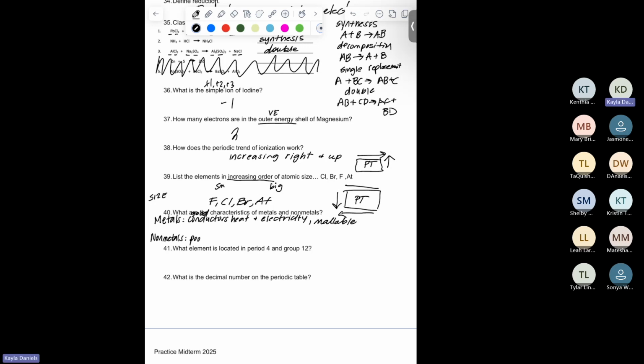They're poor conductors of heat and electricity, and they're not malleable because they're usually gases at room temp. Not all of them, but usually. Metals are usually solids at room temp. Again, not all, but usually.